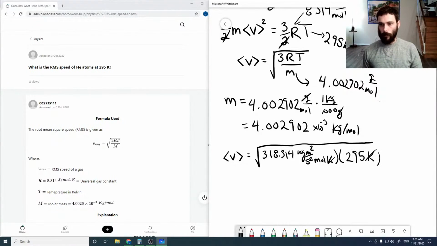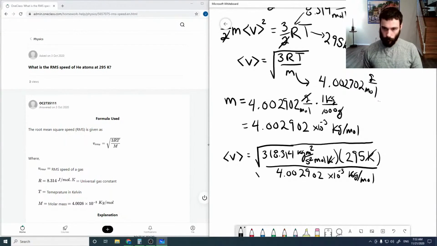So our Kelvins cancel, and divided by our mass, which is 4.002902 times 10 to the minus 3 kilograms per mole. And extending that down into kind of a funny shaped square root. Kilograms cancel, moles cancel, so leaving us with meters squared per second squared, which when we square root will be meters per second, which is what we want, because that'll be a speed.